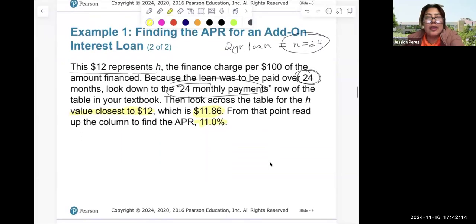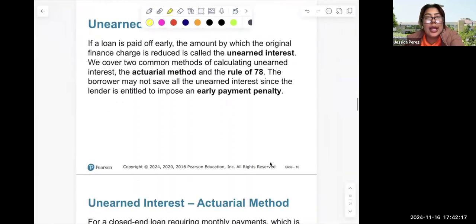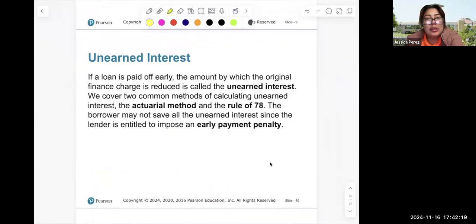So that was what we found in example 1. Now, unearned interest is the amount by which the original finance charge is reduced if the loan is paid off early. We cover two common methods of calculating unearned interest: the actuarial method and the Rule of 78.